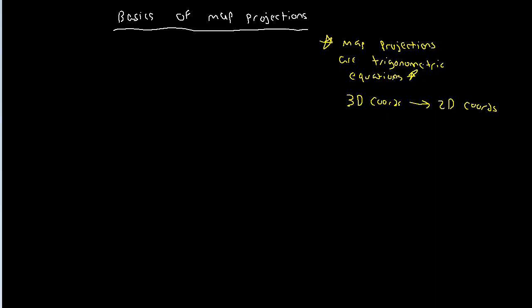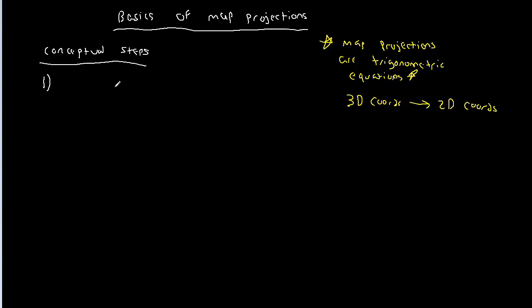It's really done in a series of steps, and these are conceptual. The first thing that we do is you can think of shrinking down the Earth to whatever size you want the final map to be.